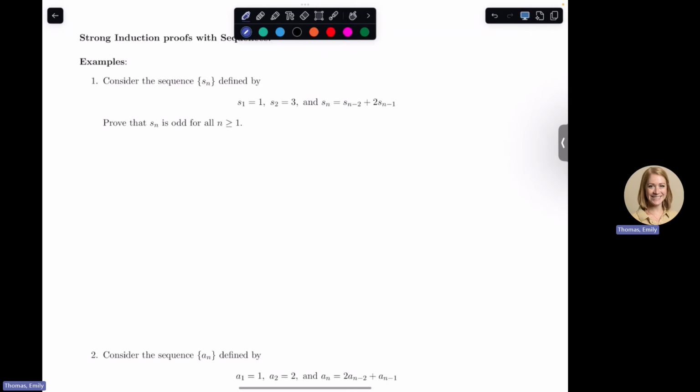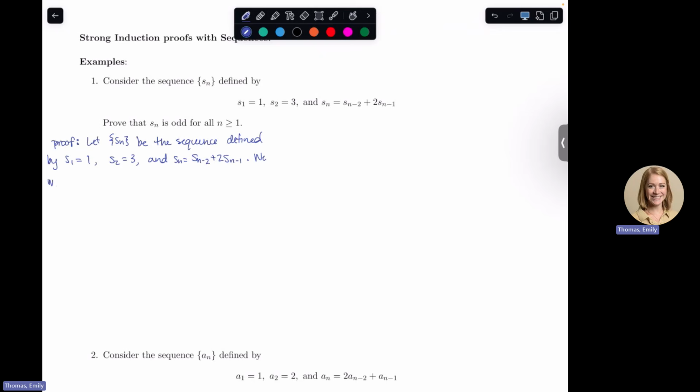Okay, so what we are going to do is we're going to say proof because we're starting to prove. And we're going to say let S sub n be the sequence defined by S sub 1 equals 1, S sub 2 equals 3, and S sub n equals S sub n minus 2 plus 2 times S sub n minus 1.